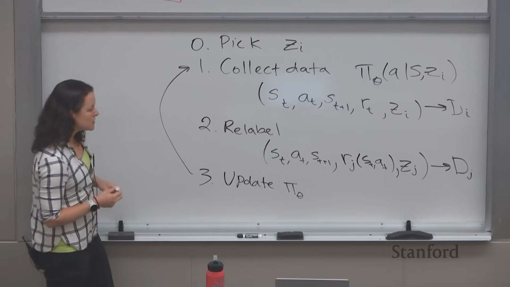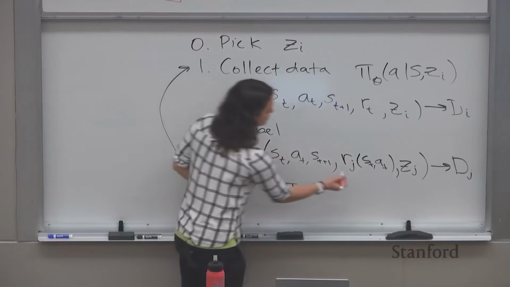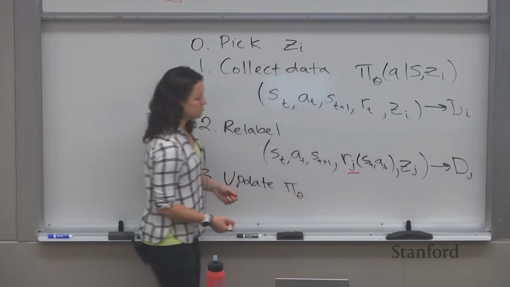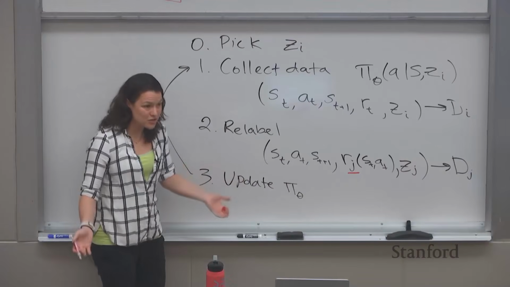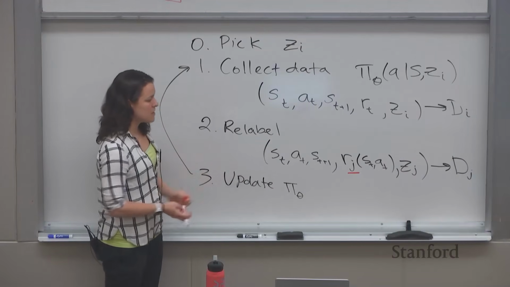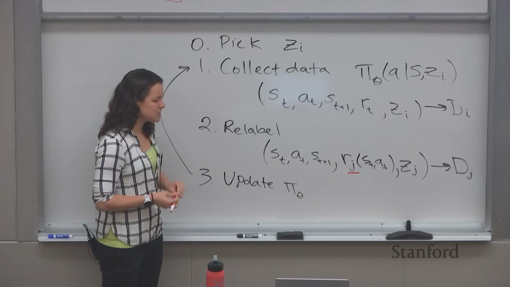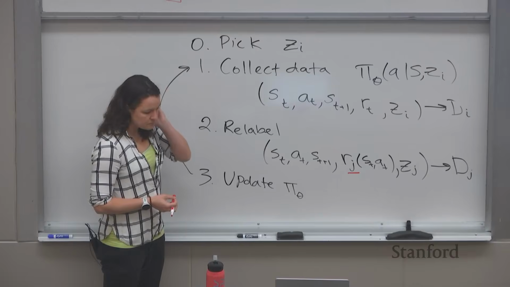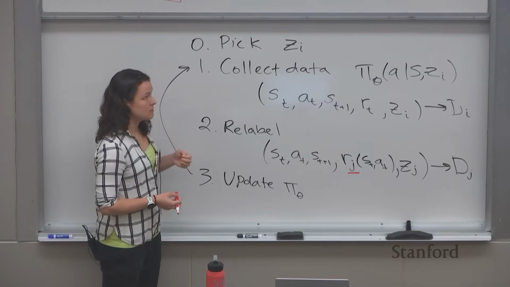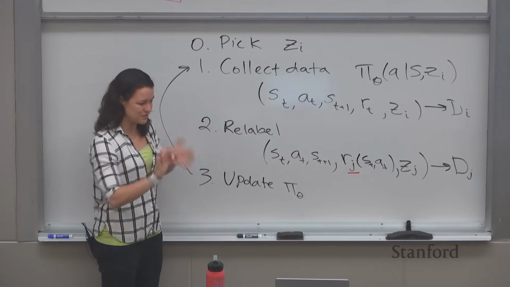Yeah, so the question is, how do we decide if it's worth relabeling? In particular, we're doing this for task j. Which task j should we pick? Should we do it for all j's? Should we only do it for some j's? Should we only do this some of the time? This ends up being somewhat of a heuristic process, because it's hard to tell generally if data will be useful for learning one task or not, since learning is somewhat of an amorphous process.